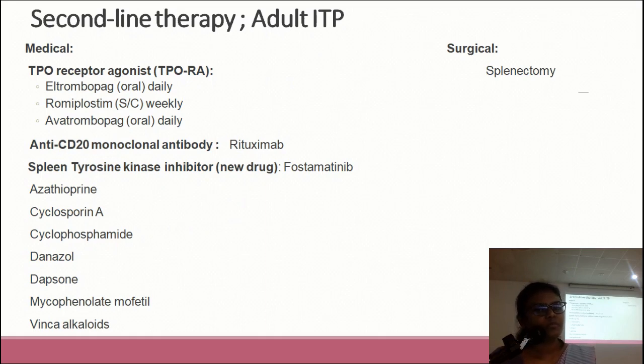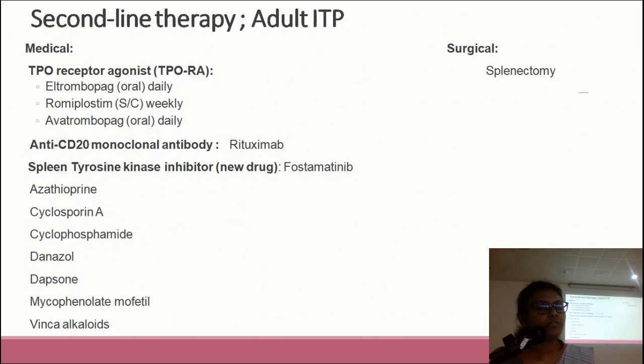The other one is rituximab. I hope you are all familiar with rituximab, not only used in ITP. It's an anti-CD20 monoclonal antibody, given weekly for 4 doses. Side effects wise, we should screen for hepatitis B prior to the medication because it can cause hepatitis B reactivation.